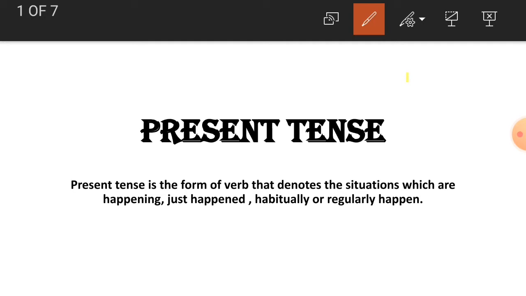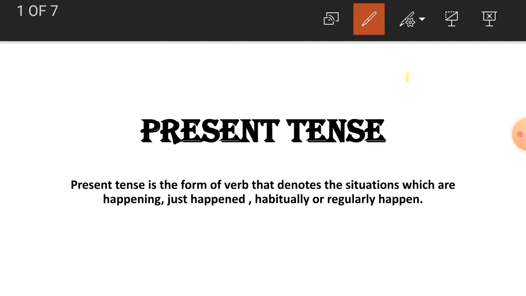Students, there may be a question in your minds: what is the definition of present tense? I think you have searched many times in dictionaries, Google and grammars, and you have got a lot of definitions about present tense.